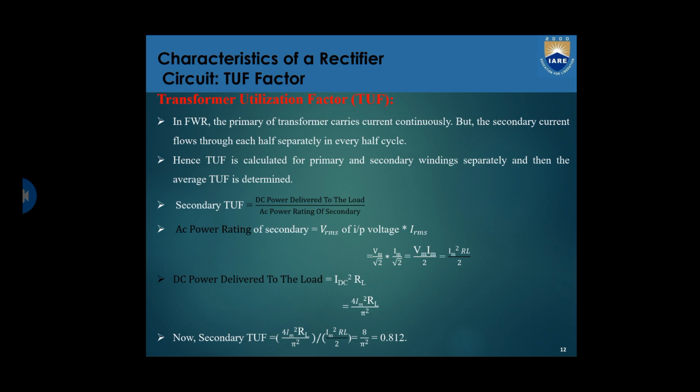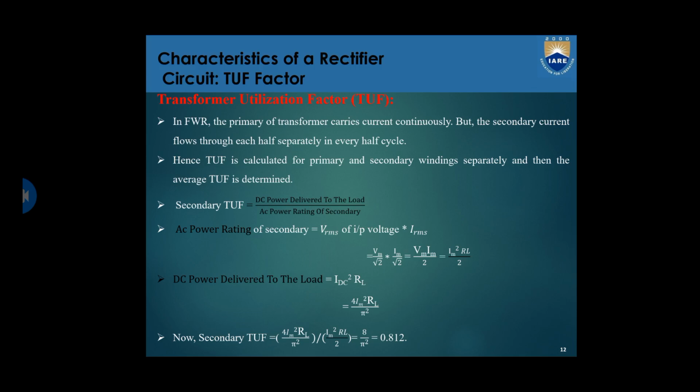Secondary TUF is equal to the DC power delivered to the load divided by the AC power rating of the secondary. AC power rating of the secondary is equal to VRMS of the input voltage into IRMS.